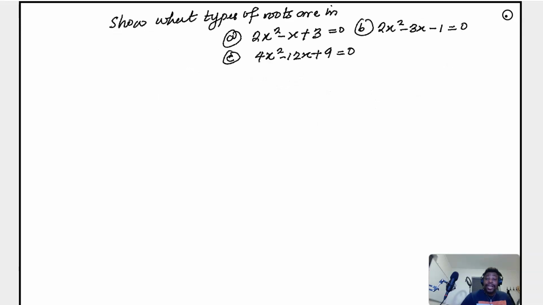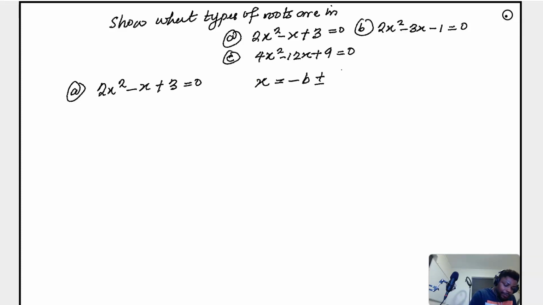Now, I want to show what kind of roots that we have. The first one says 2x squared minus x plus 3 is equal to 0. Okay? So, in this case, let's use our quadratic formula, minus b plus or minus square root of b squared minus 4ac over 2a.